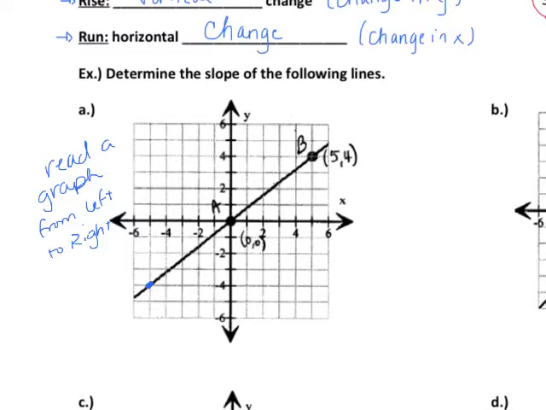So we're going to read this graph from point A to point B. We're going to start at point A, which happens to be my origin.